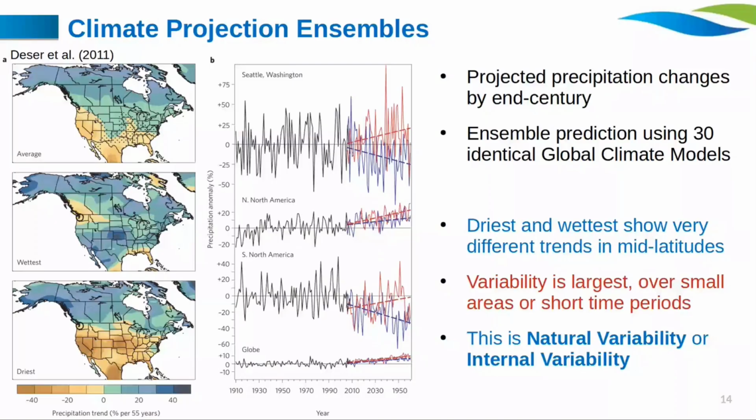The wettest member of this 30-member ensemble actually shows an increase in precipitation even in the subtropics, whereas the driest member shows extreme drying, right? But these are equally valid scenarios. They are unlikely, but they are both results of the same model integration that yields this average result.